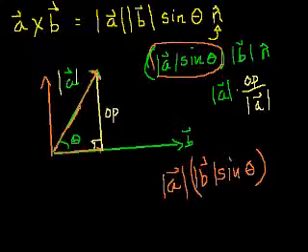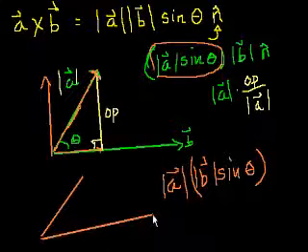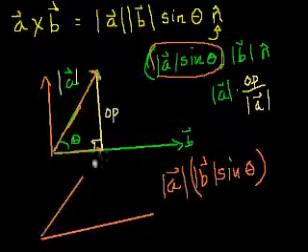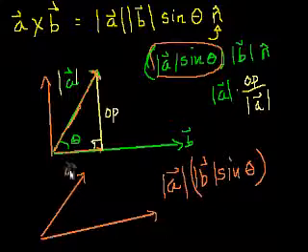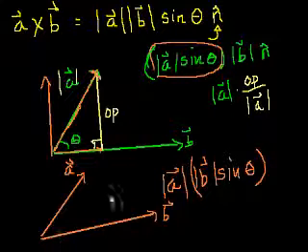Let me draw that just to hit the point home. That's my A. That's my B. B has some component that is perpendicular to A. I kind of run out of space, so let me draw it here.